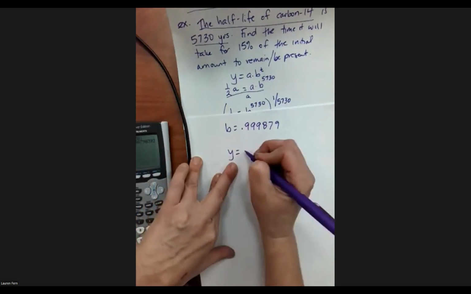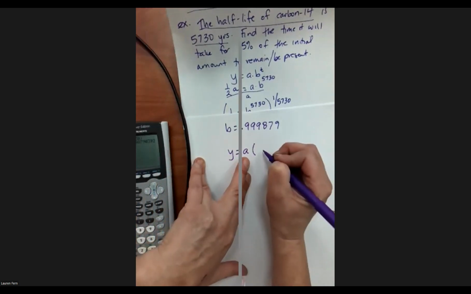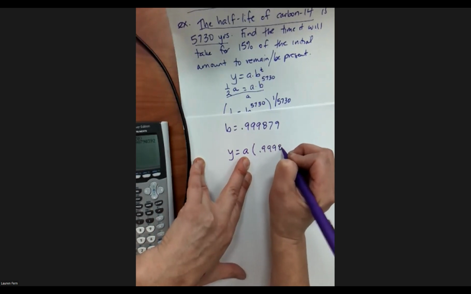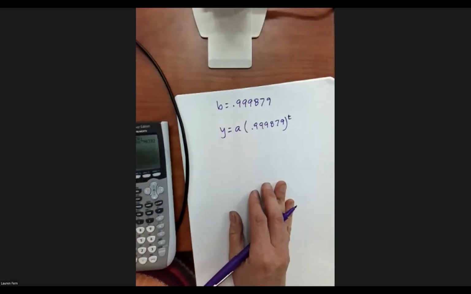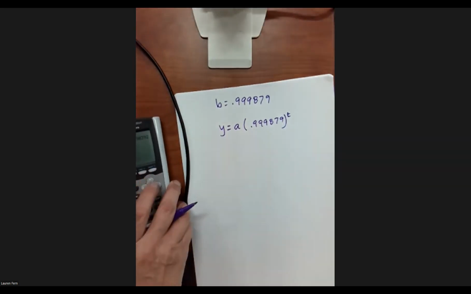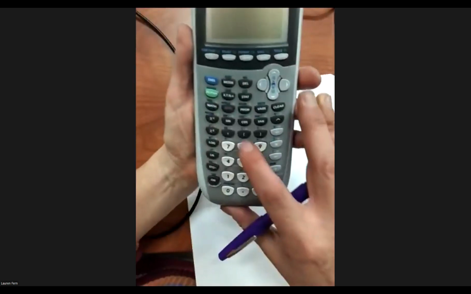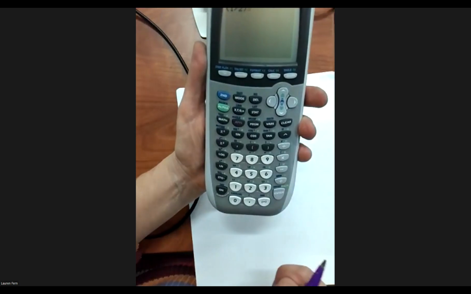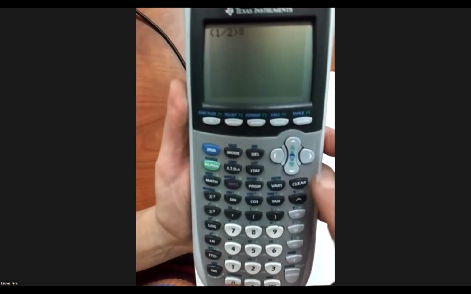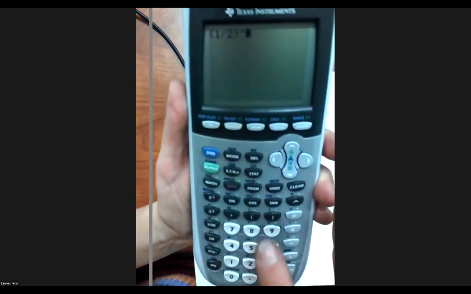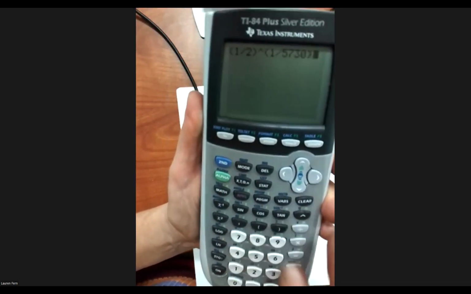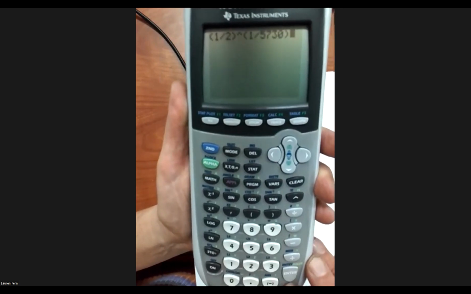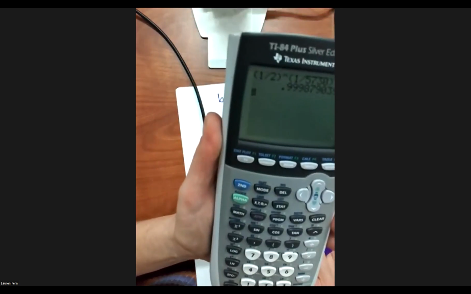So do you agree thus far our equation now is A times 0.999879 to the power of t? What you would do is you would take 1/2 raised to the, now, I need to put my whole exponent in parentheses, so 1 divided by 5730.